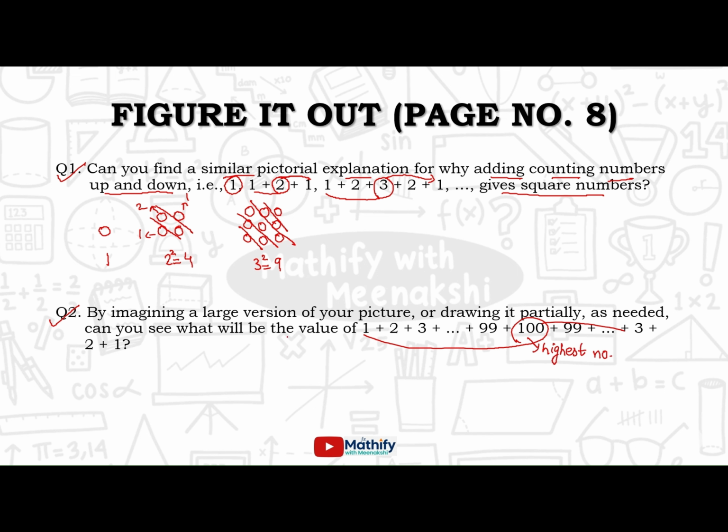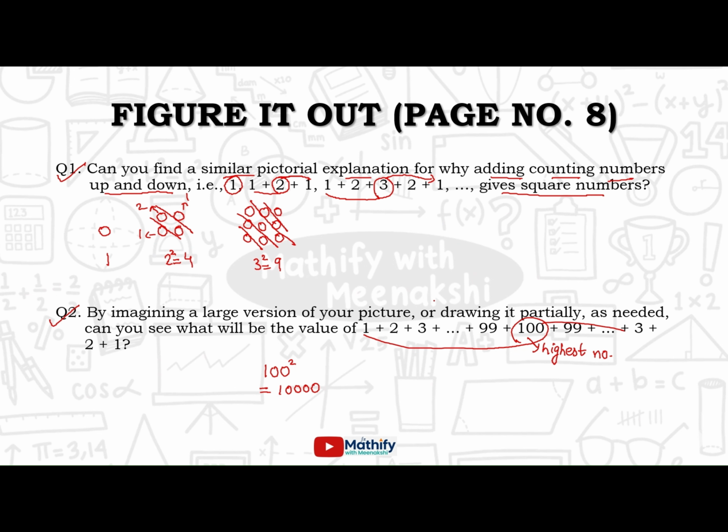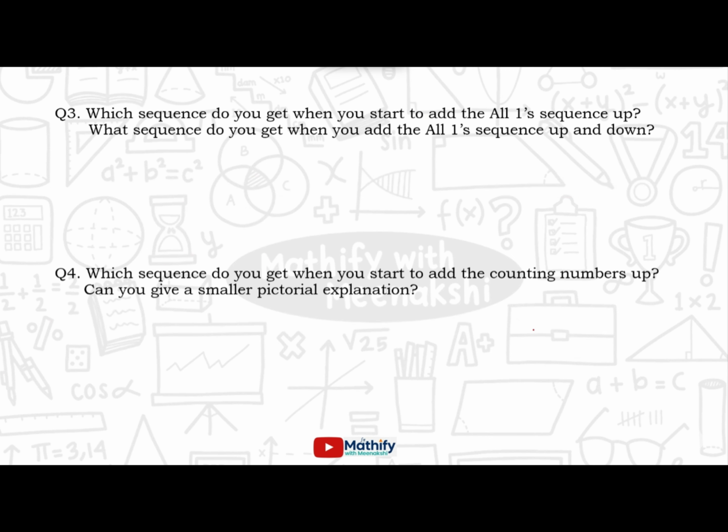So you can say that the answer will be 100 square, and that is 10,000. So what have we used in question number 2? We have used the second way: adding counting numbers up till n and then down to 1 always gives n square. Here in our question we are adding up till 100, and that's why our answer is 100 square, that's 10,000.